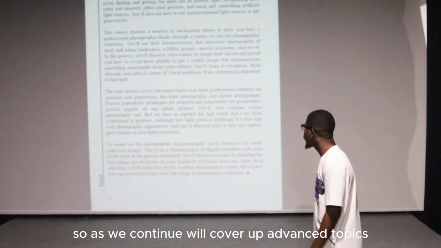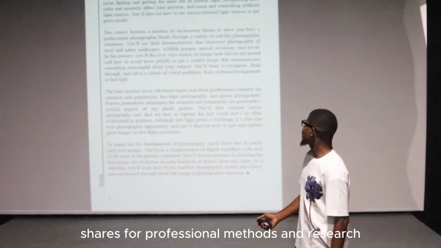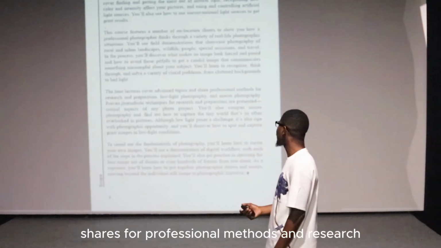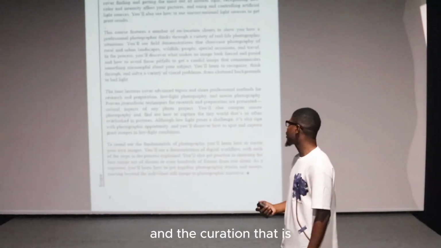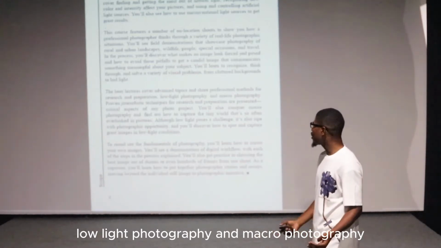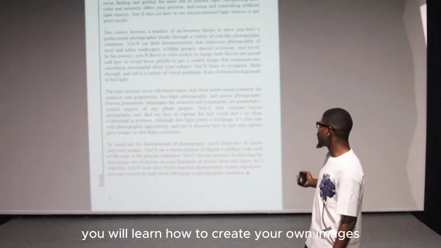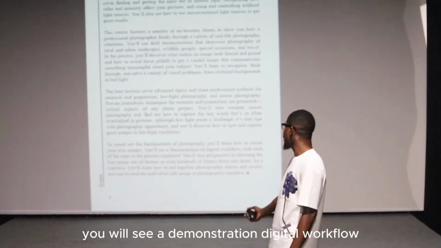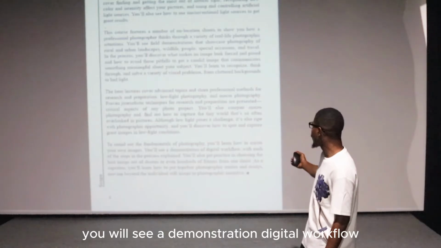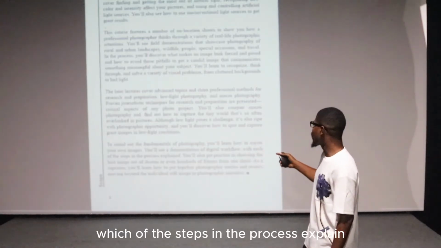As we continue, we'll cover advanced topics, shared from professional methods, research and preparation. That's low light photography, macro photography, and many more. You will learn how to create your own images. You will see a demonstration of the digital workflow, with the steps in the process explained.